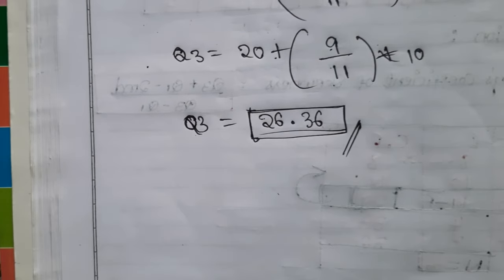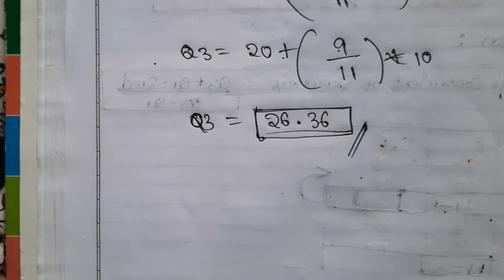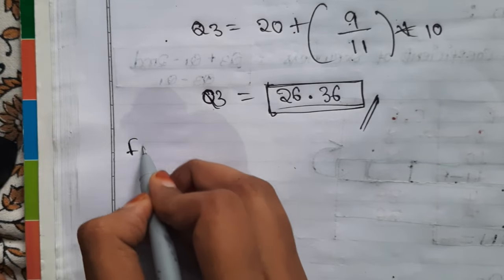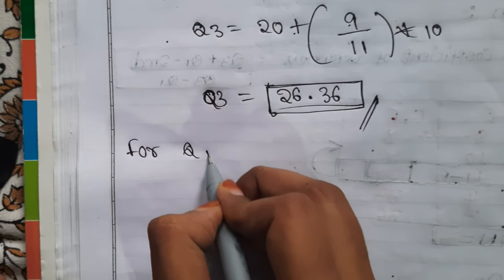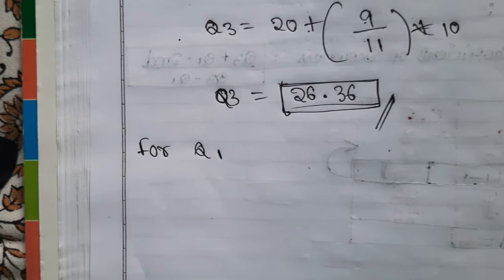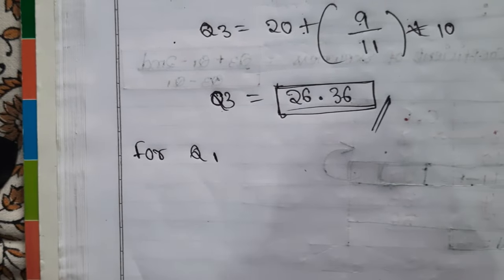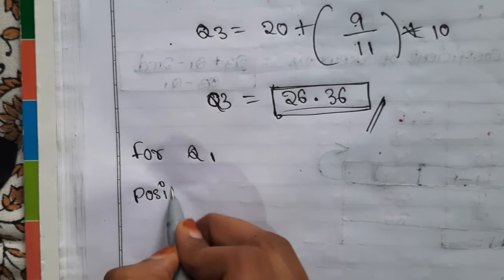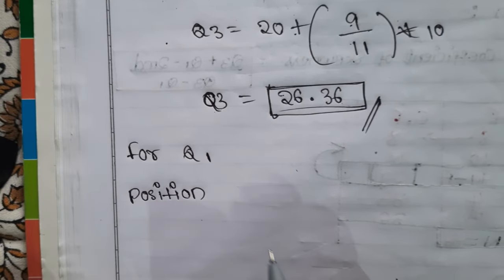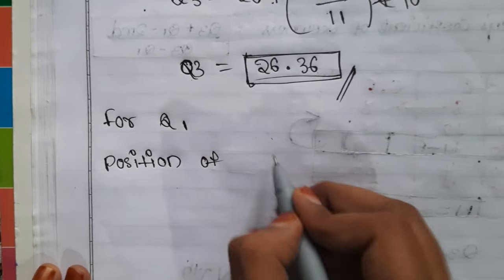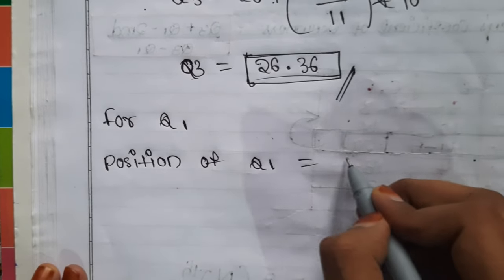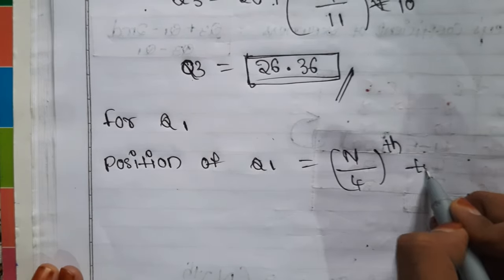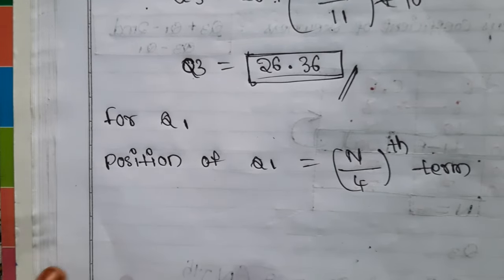Now we will be finding our Q1. Q3 we have already completed. Now let us find Q1. For Q1, you have to write like this. Position of Q1, as we have done for Q3. The position formula of Q1 is the n by 4th term.